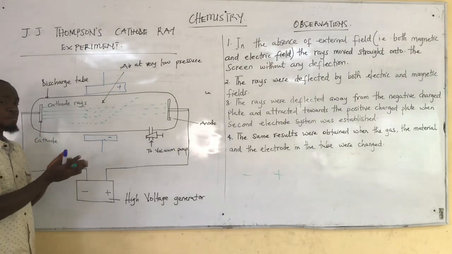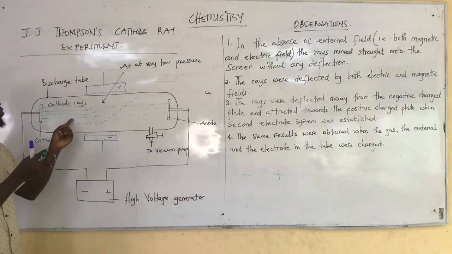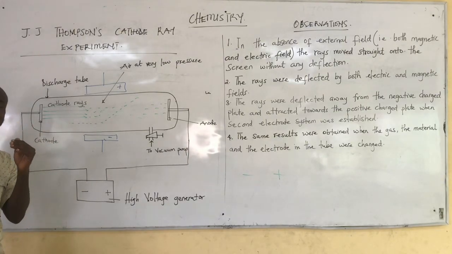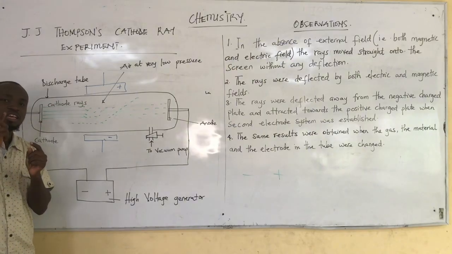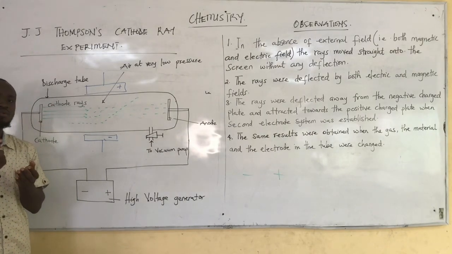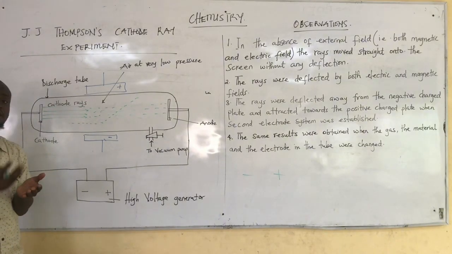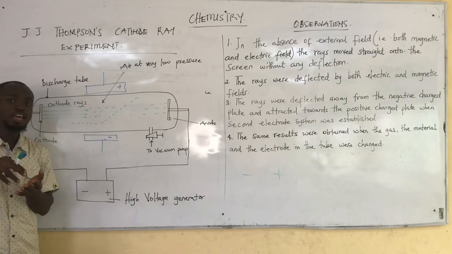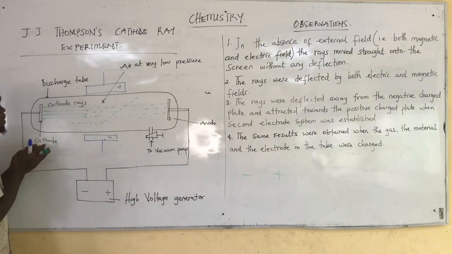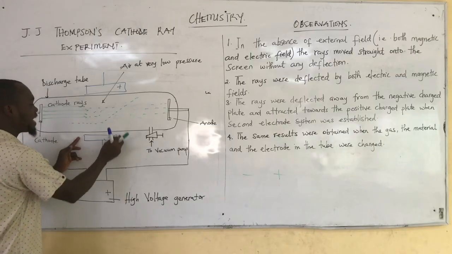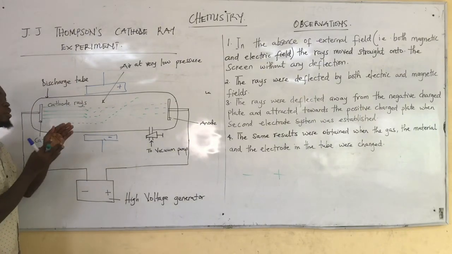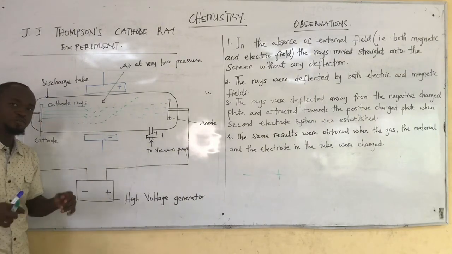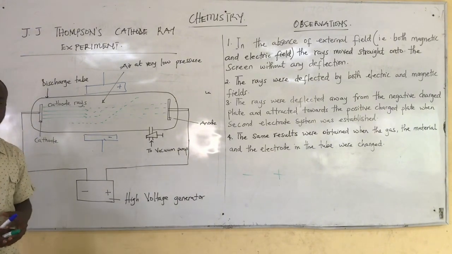Once he introduced it, the cathode rays were seen deflected or bending in the tube. Then he introduced the electric field, and this time the particles were bending away from the negative terminal but moving towards the positive terminal.